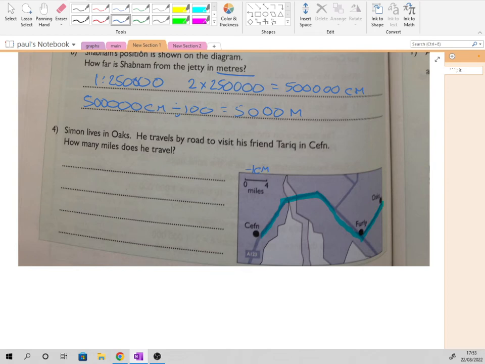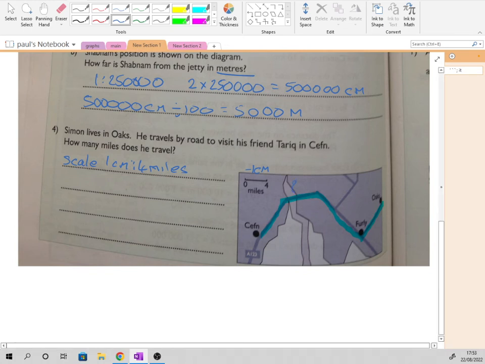So we've got a scale of 1 centimeter is 4 miles. So all I need to do is measure that in centimeters, multiply it by 4, and the job is done. So let's have a look. I'm just measuring on my piece of paper. 2, 3.5, 6.5, 8.5.